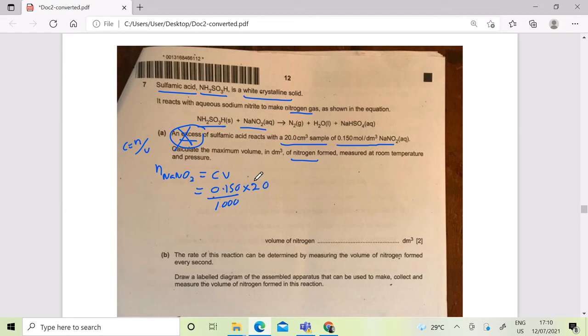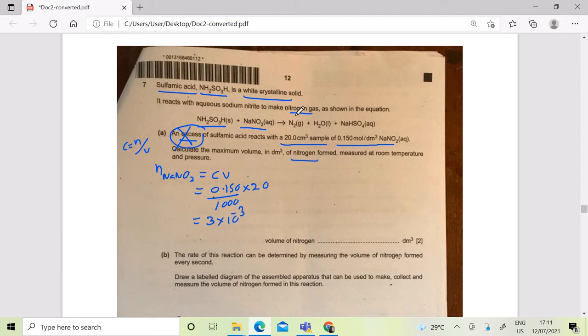So 0.15 into 20 divided by 1000 is equal to 3 into 10 to the power minus 3.